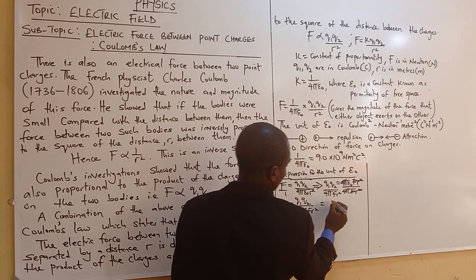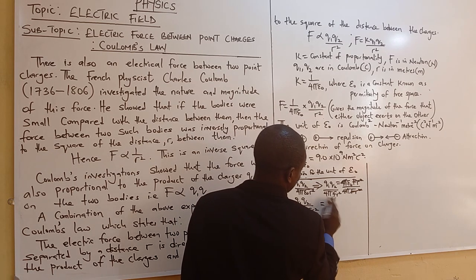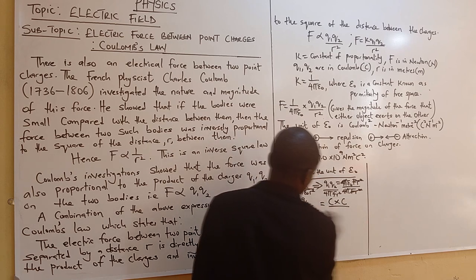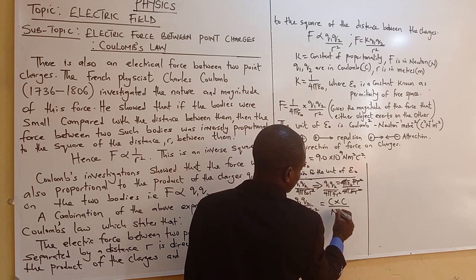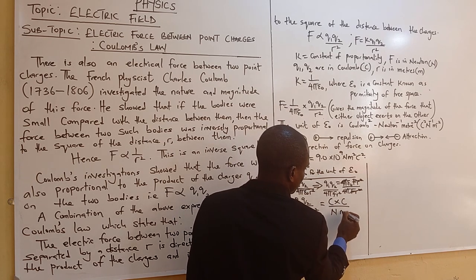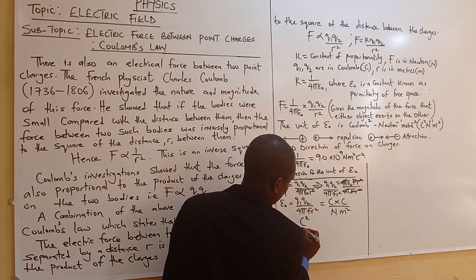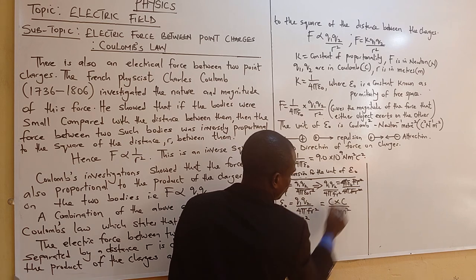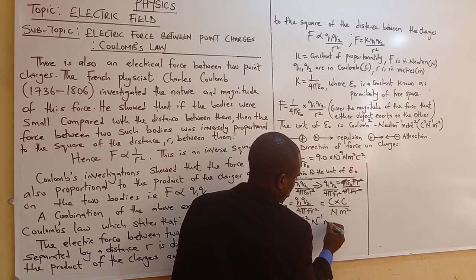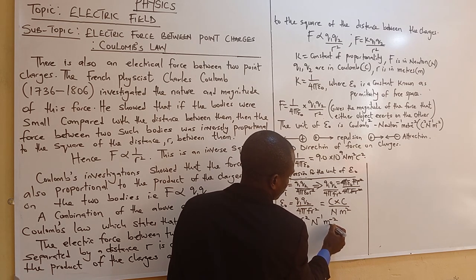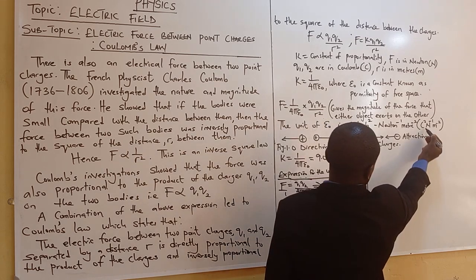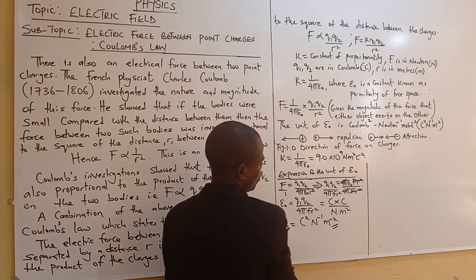Coulomb times Coulomb over, 4 pi is a constant, force is in Newton, distance in meters squared. So epsilon naught equals Coulomb squared, the Newton goes up with a negative power, and the meter squared goes up with minus 2. That's how we come about this unit for the permittivity of free space.